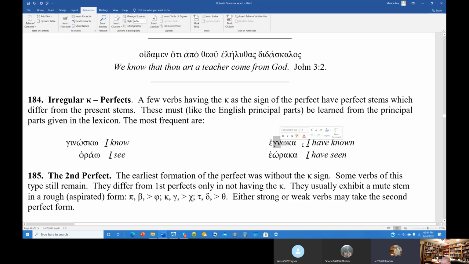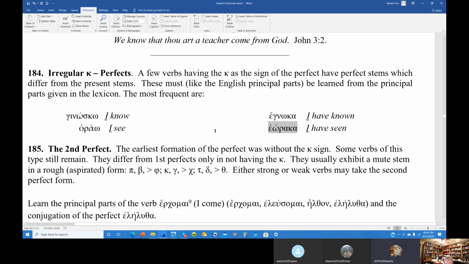Egnoka, I have known. Horao changes words. Heoraka, and so I have seen. And this is from oida. So again, it changes words on us. Other questions?